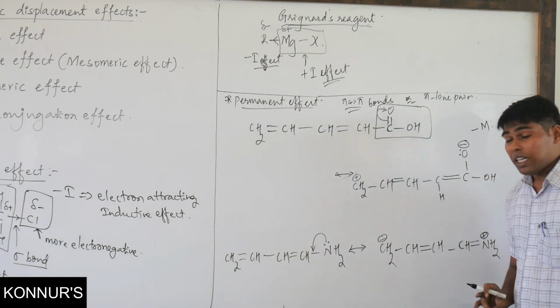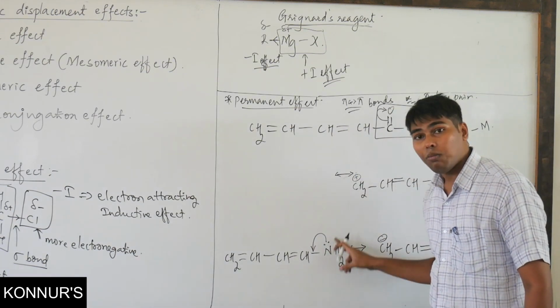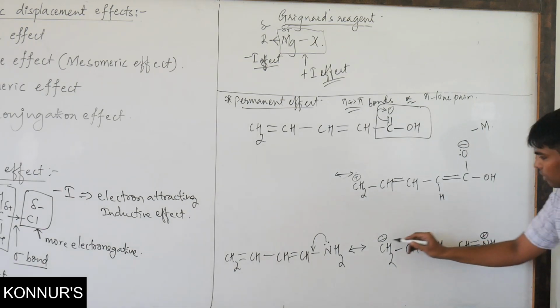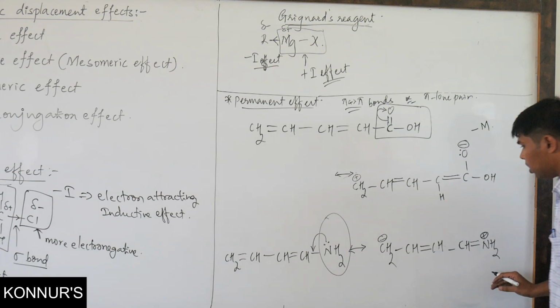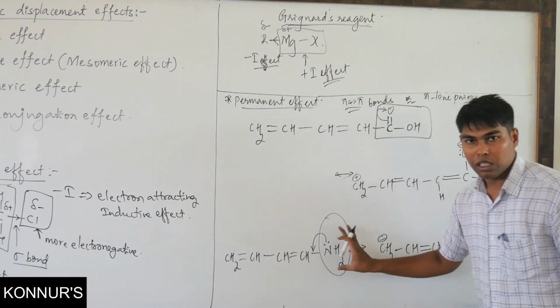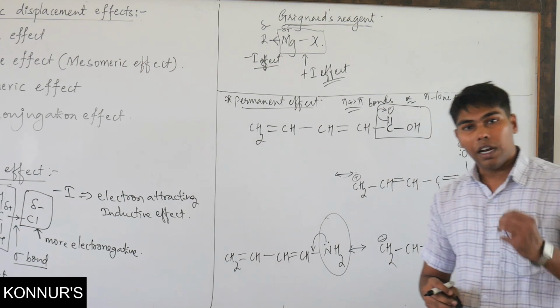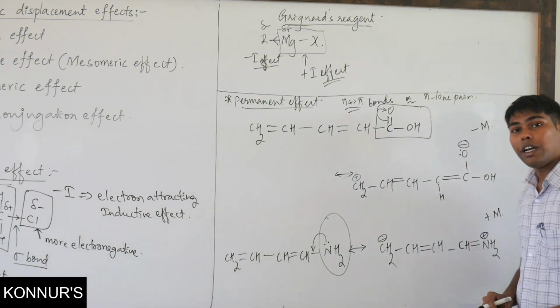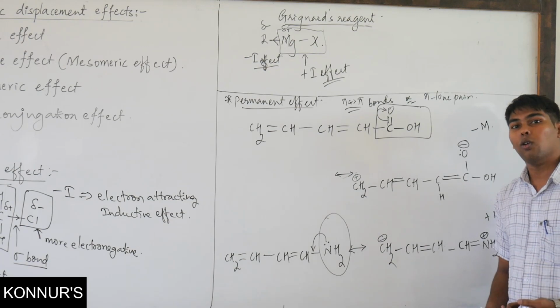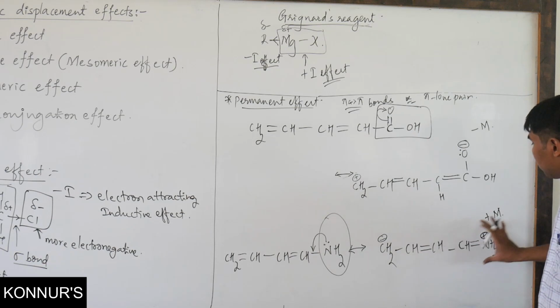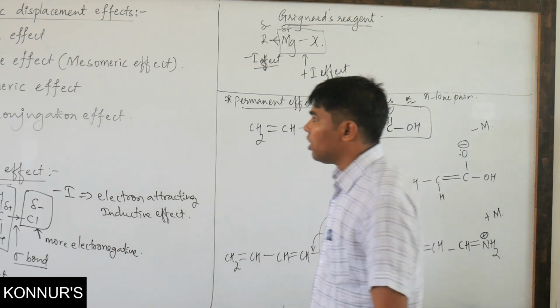This electronic displacement has gone away from the substituent, with respect to this group I am talking about. So the electronic displacement is away from this substituent, so this is called the plus M effect. Positive mesomeric effect is the resonance effect where the electronic displacement of the pi bonded or a lone pair shifts away from the substituent. So this explains the positive mesomeric effect, and this explains the negative mesomeric effect.